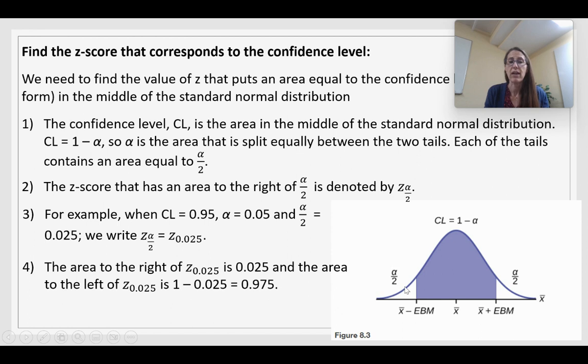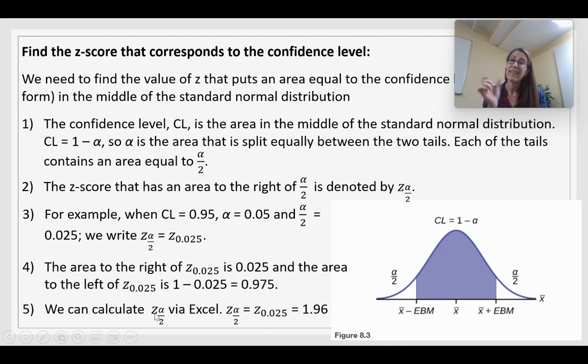And so the area to the right of z sub 0.025 is 2.5%, and the area to the left of that is 1 minus that, or 97.5%. So it's a little bit different because the 95 is in the middle. It's not all on one side or the other. It's in the middle, and so half of the leftover, half of the 5%, is in either tail.